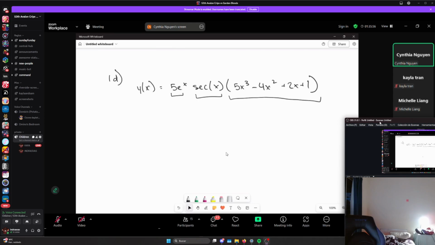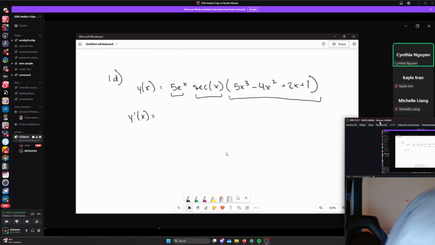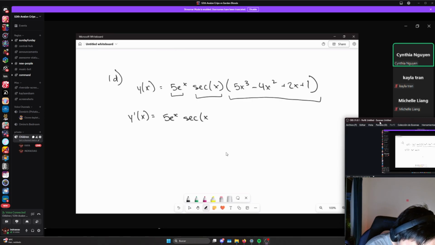So here you do product rule. Each part gets a turn having its derivative taken. The derivative of 5e to the x is just 5e to the x, so you have this part, and the rest of it stays the same. Then you add the next part.